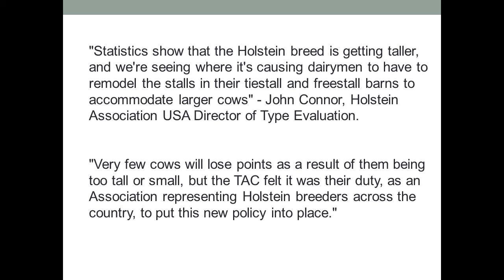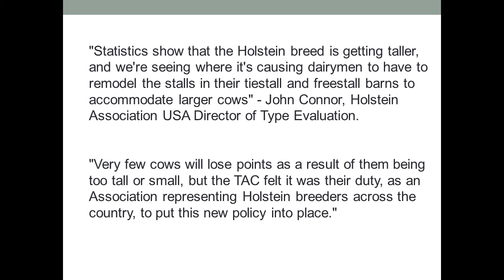So once they're up over 59 inches, they can be deducted up to 2 points from that front end and capacity category on the Holstein scorecard. The maximum deduction of 2 points would be for cows that are 62 inches and above. This equates to a deduction of 0.4 points from a cow's final score.